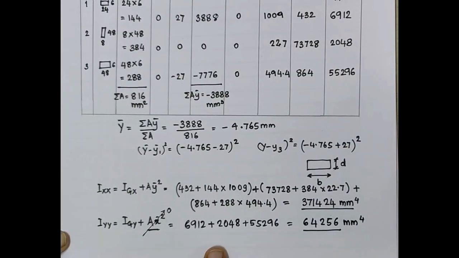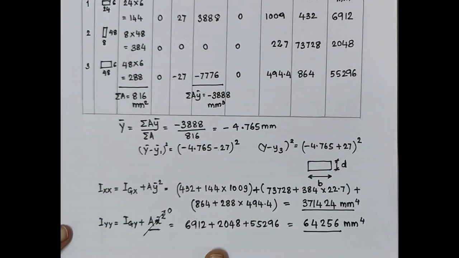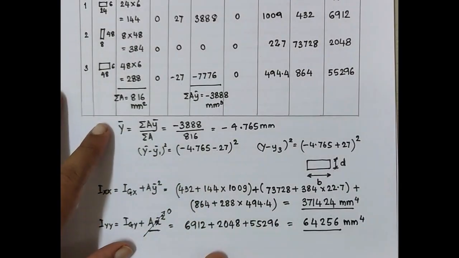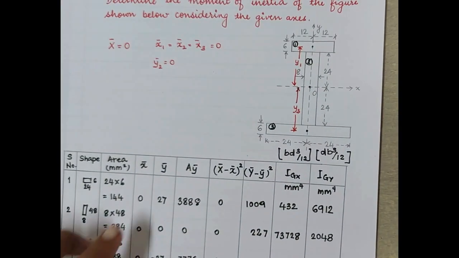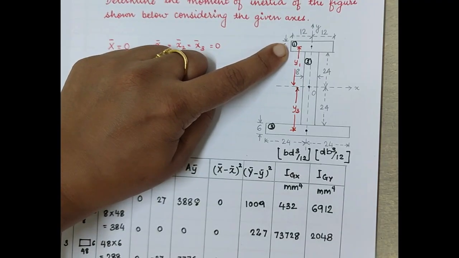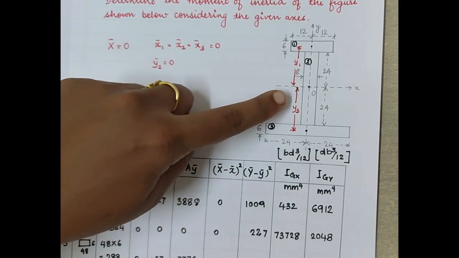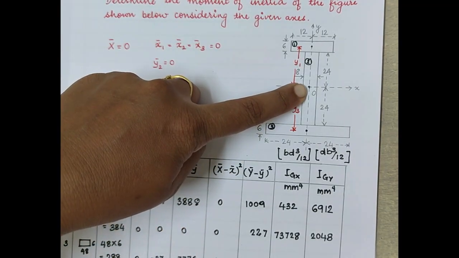Now, we have to note that it is not always the case. We have to check whether our areas are symmetrical about the y-axis or the x-axis, and if the individual areas too are equal. In that case, we will get capital X and capital Y both as 0. But in this case, since the area of the top rectangle is smaller as compared to the area of the lower rectangle, our centroid actually does not lie at this particular point.